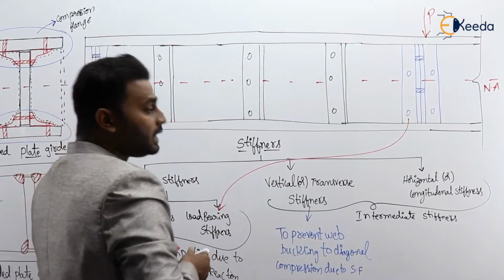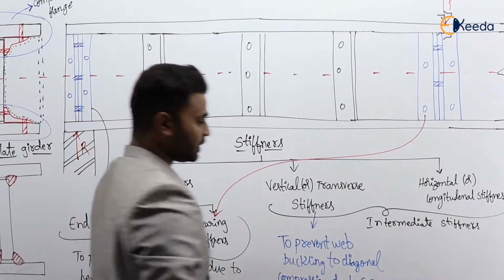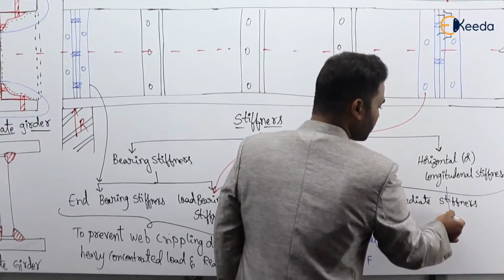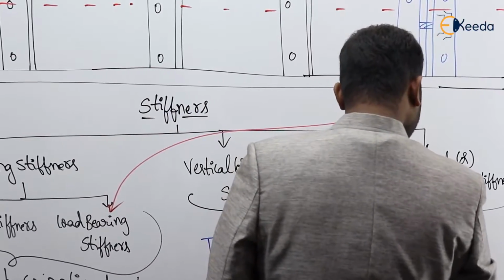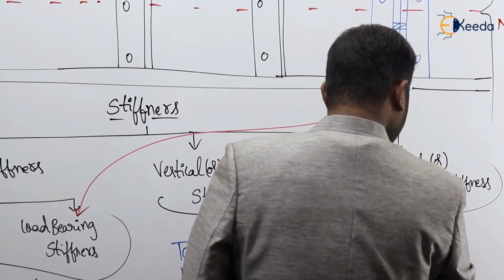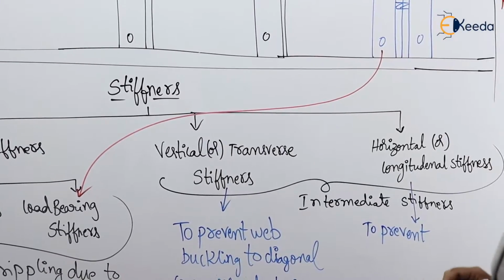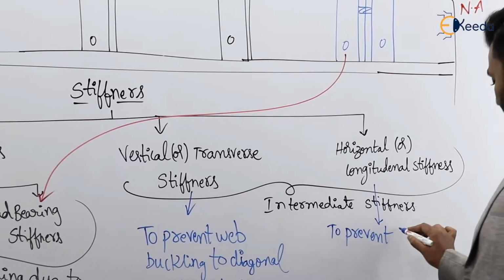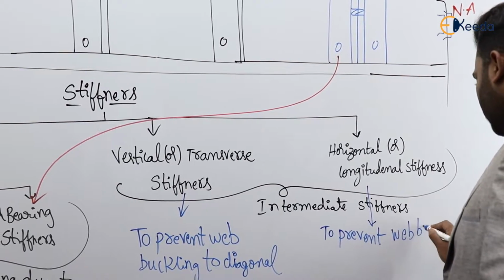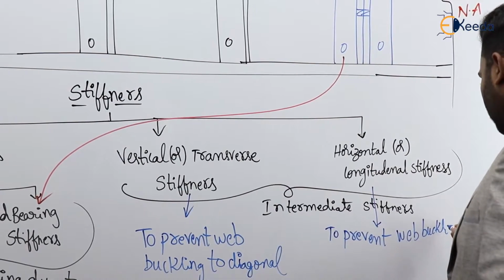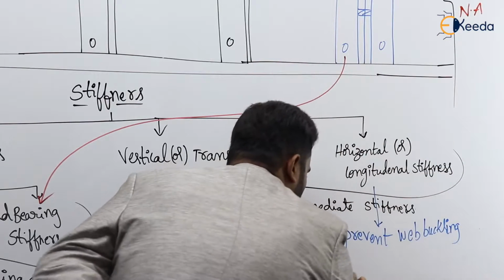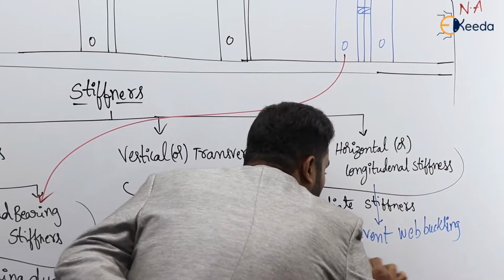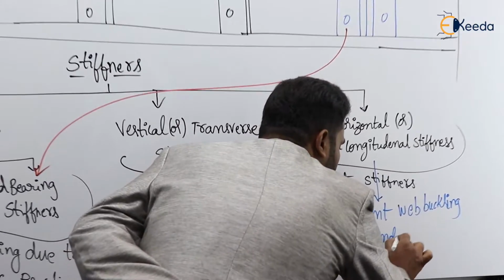Now, first let us see the function. These longitudinal stiffeners are provided to prevent web buckling due to bending compression.